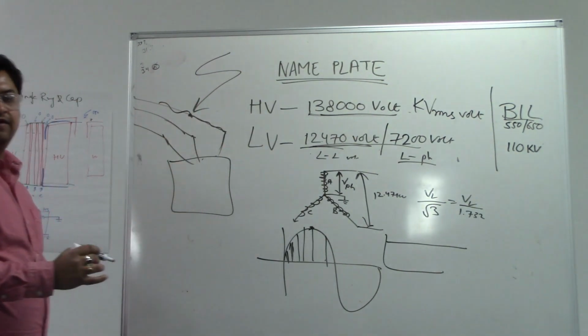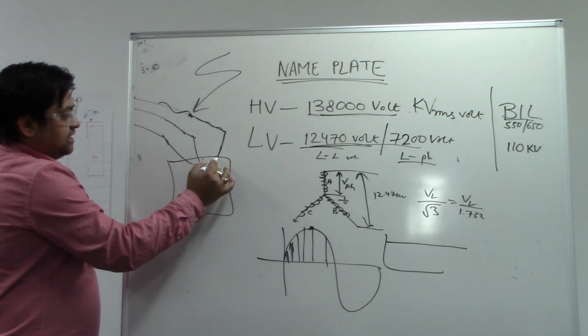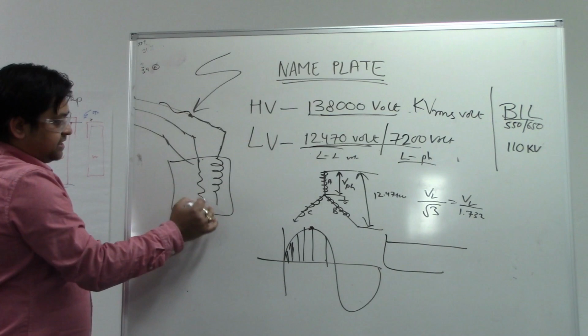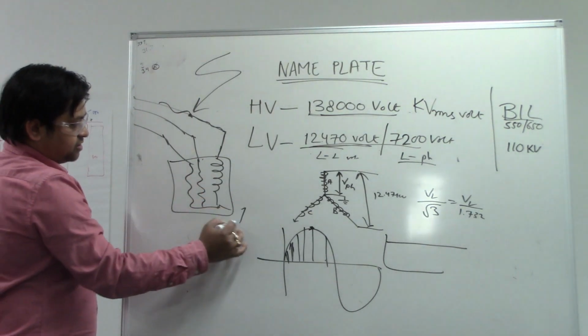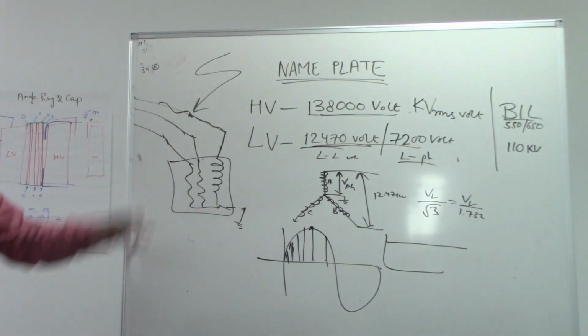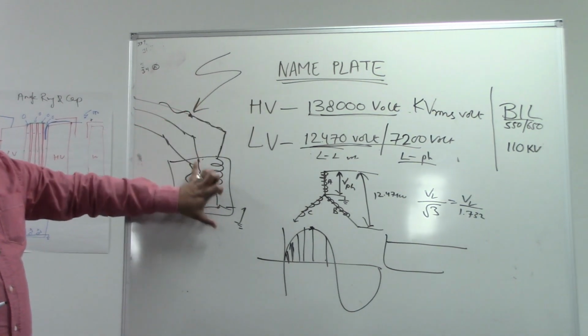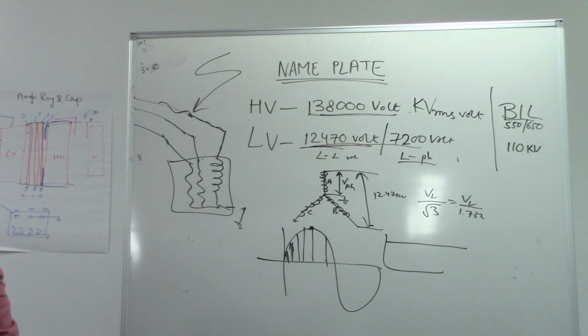It's a high frequency wave. When it travels, it goes inside the winding, because ultimately these windings are shorted and grounded together. So the level which the transformer can withstand is known as the basic insulation level.